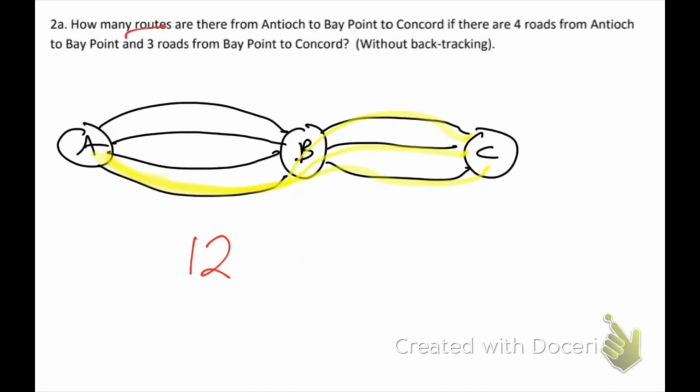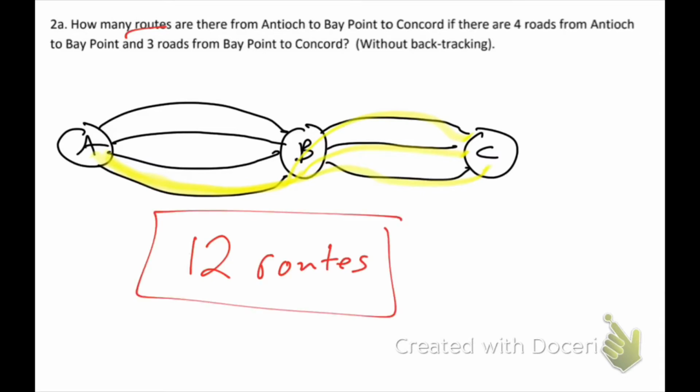So given this situation, we can count that there are 12 different routes in this given scenario.